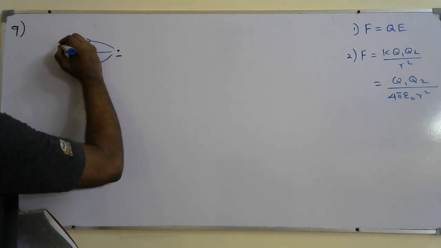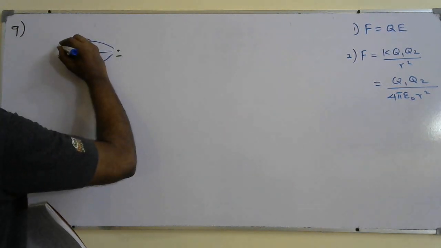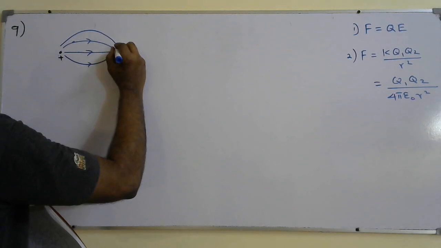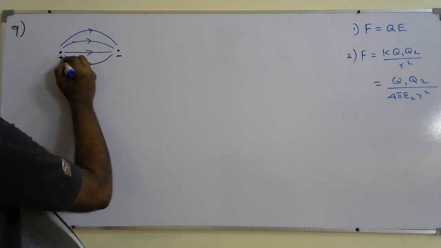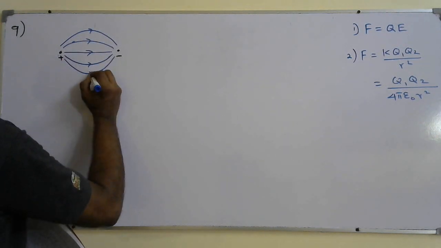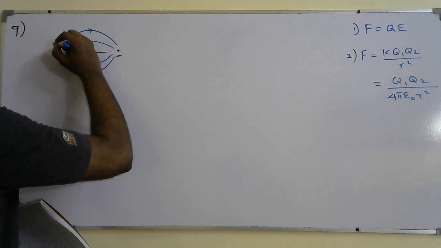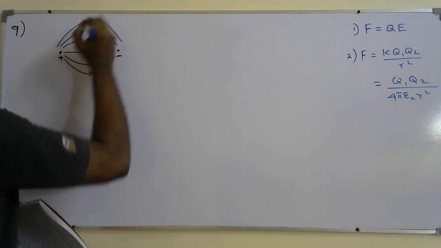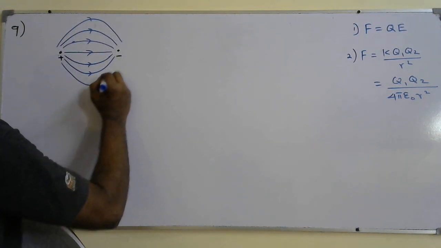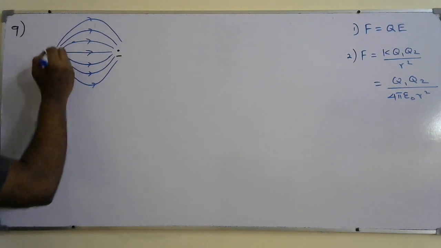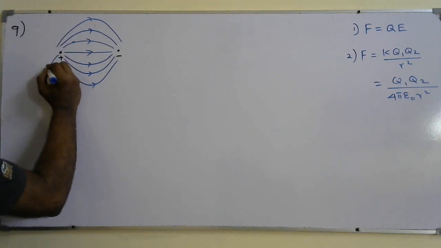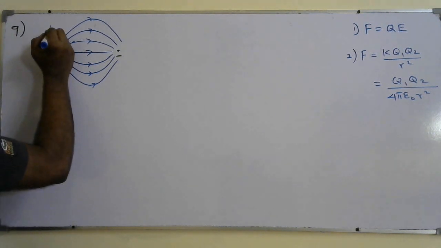When they move away, the gap will increase. Like this, you can draw more field lines like this.